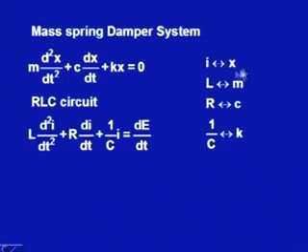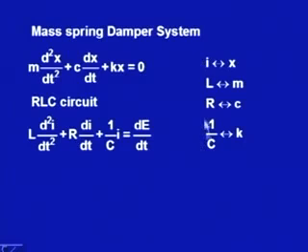I is the same as x. The inductance L is identified with m in this system. R, the resistance in this RLC circuit, is identified with c in this mass spring damper system, and 1/C, C being the capacitance, is identified with k in the mass spring damper system.